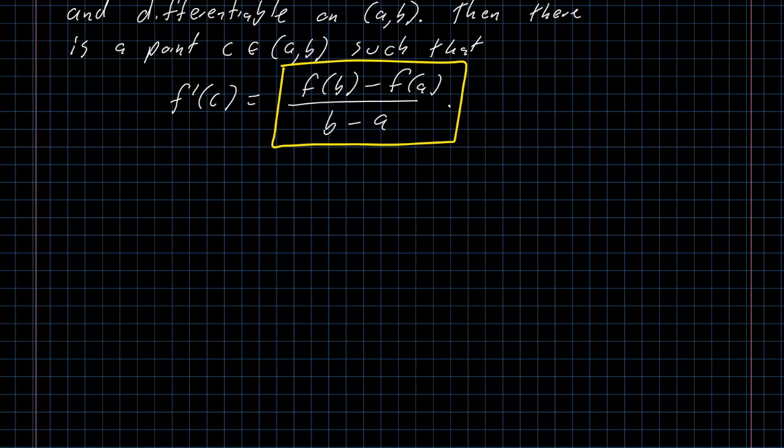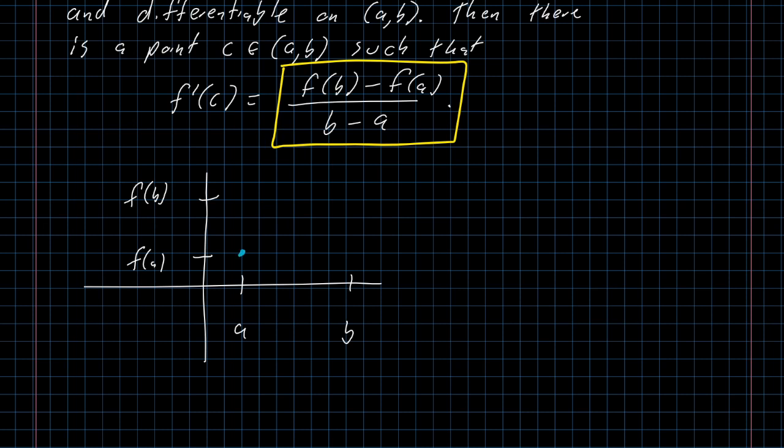I'm going to draw a very simplified function here. We have some point a, we have some point b, we have f of a, we have f of b. This function is a lot simpler than it could be, and this still holds, but it's going to be one that allows us to analyze things pretty nicely.